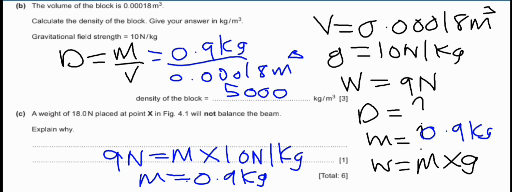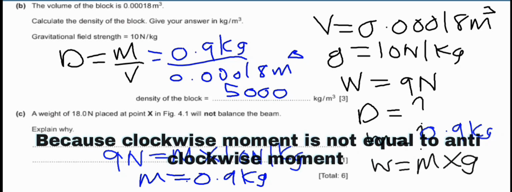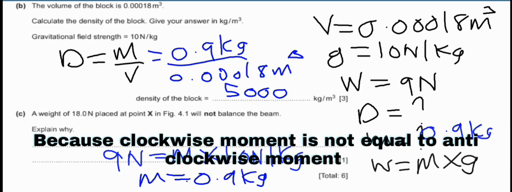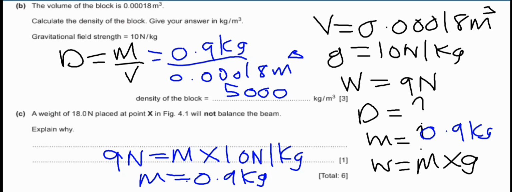So we are going to say this is because the clockwise moment is not equal to the what? The anticlockwise moment. So that one is the answer. When the clockwise moment is not equal to the anticlockwise moment, the beam is not going to be balanced. But if the clockwise moment is equal to the what? The anticlockwise moment, you are going to find that the beam is going to be balanced.